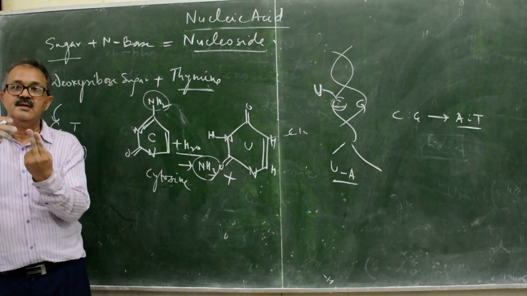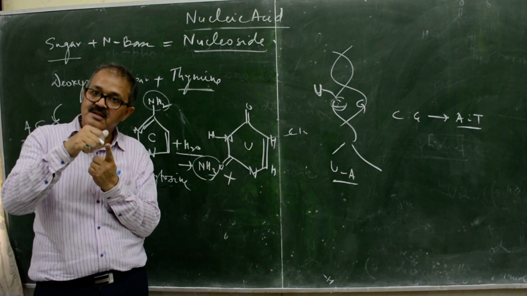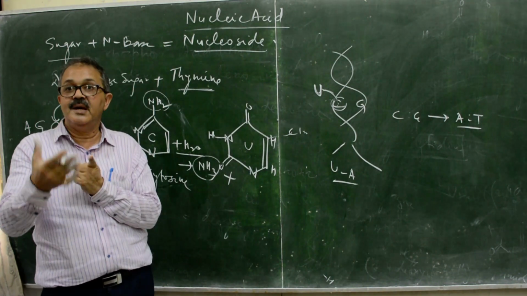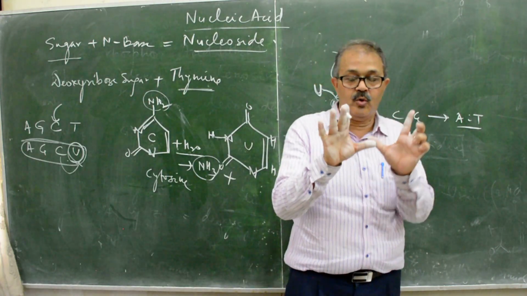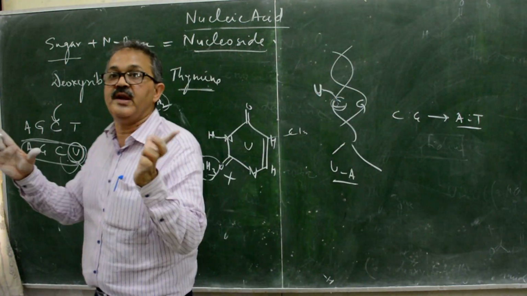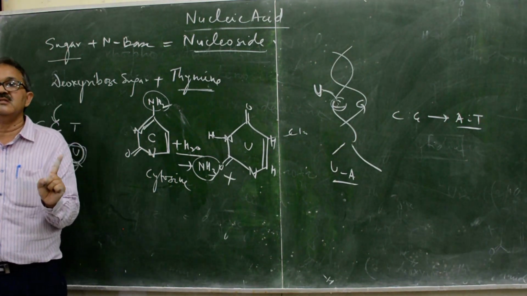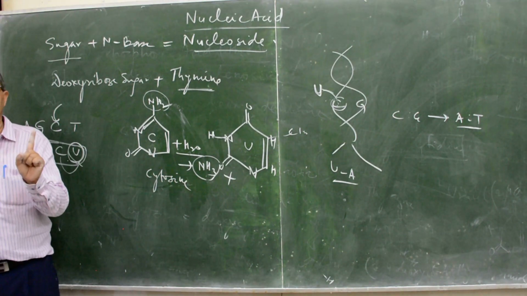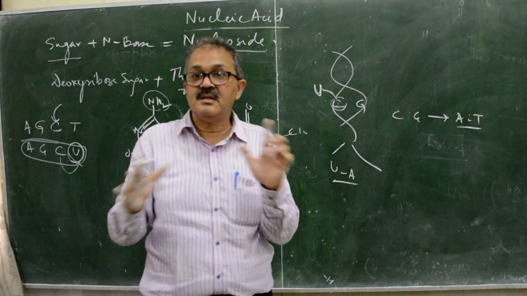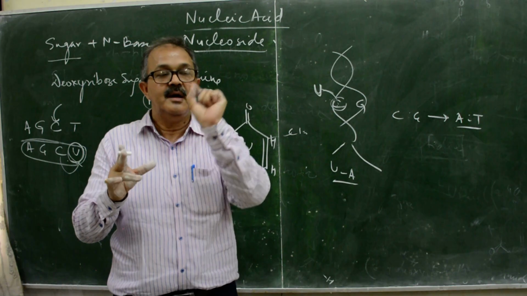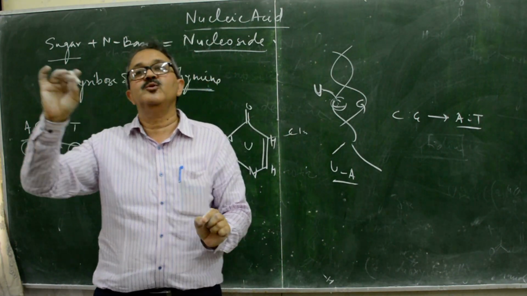In deoxyribose sugar, one carbon is free, the second carbon, but there is no oxygen, so it will not react. RNA is unstable only because of the 2' oxy group, which is susceptible to hydrolysis.